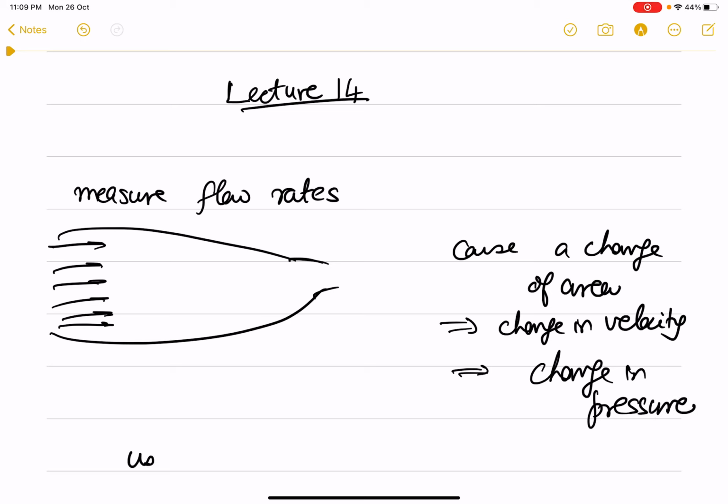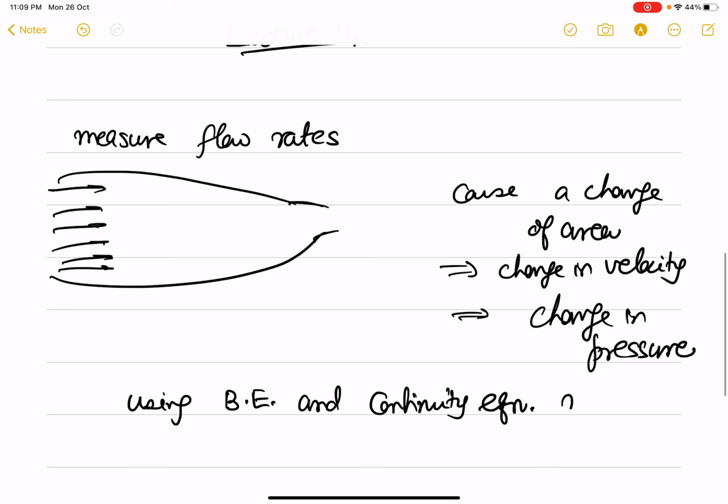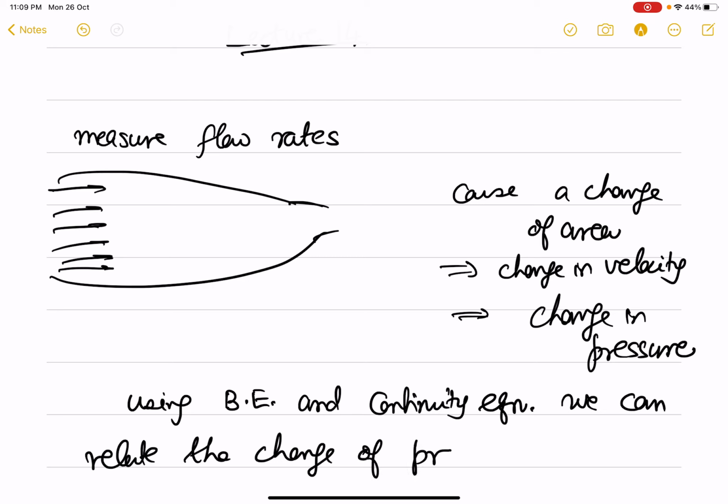So then, using Bernoulli equation and continuity equation, we can relate the change of pressure to the velocity, and hence we can find the flow rate.